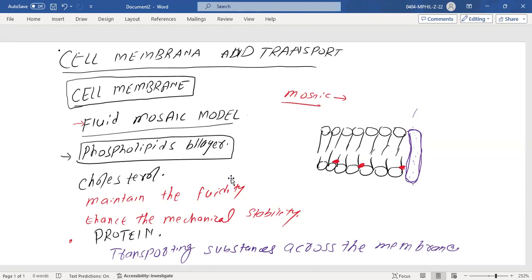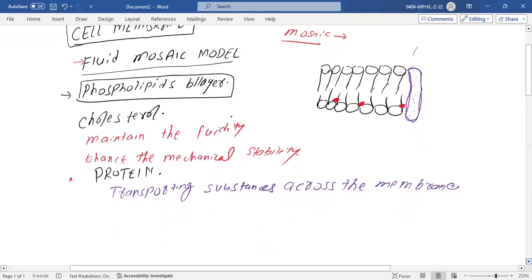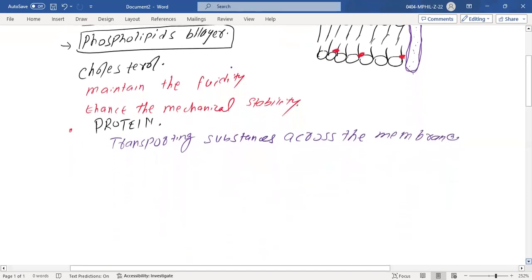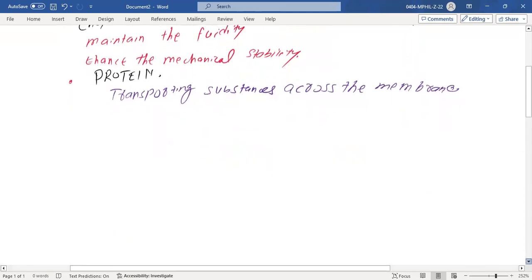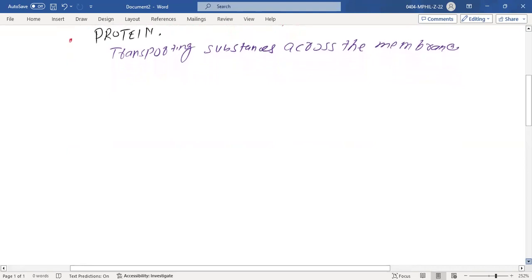All right. So we have already discussed the nature of this phospholipid, and it would be just a repetition here, that we know how this phospholipid acts as hydrophobic and hydrophilic in nature.